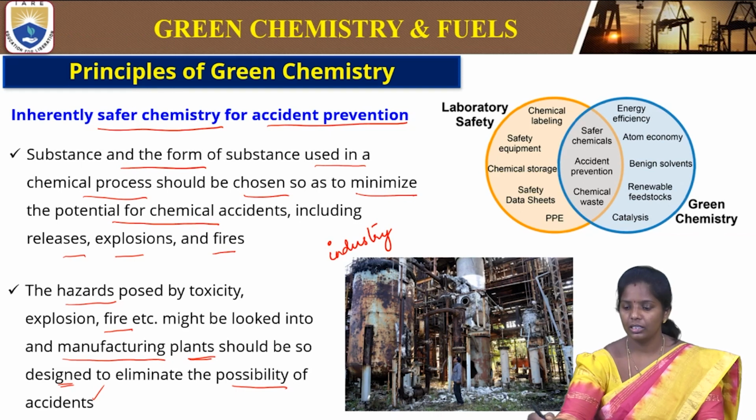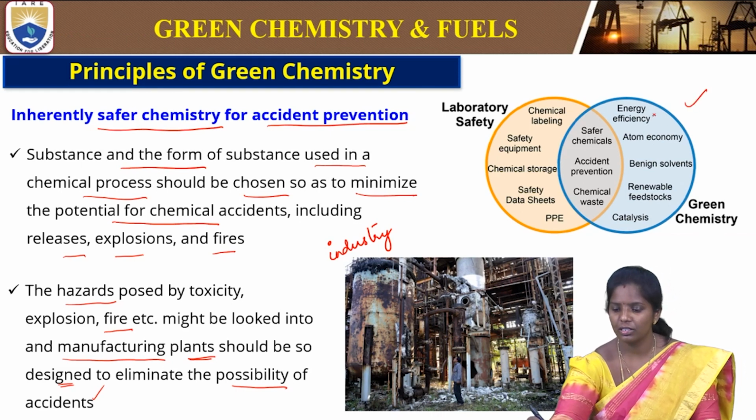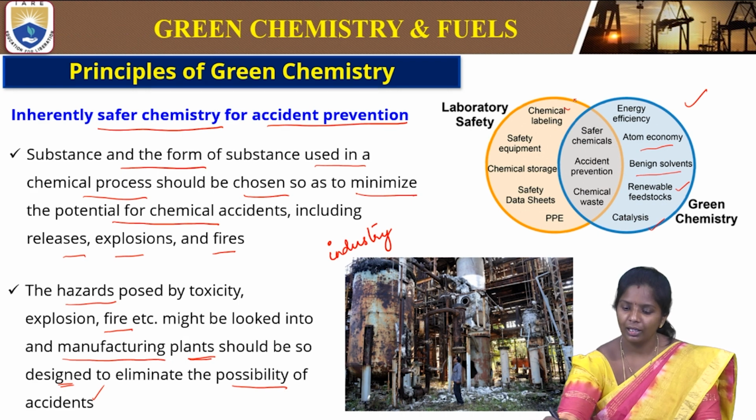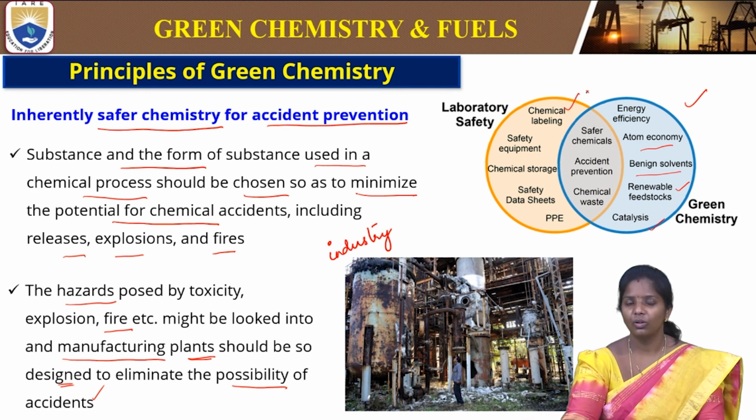If we see this diagram, green chemistry talks about energy efficiency, atom economy, benign solvents, renewable feedstocks and catalysis. Laboratory safety includes normal laboratory safety. If we talk about chemical labeling, water looks colorless and acid also looks colorless, so it is very important to label the bottles so that we do not mix them up.